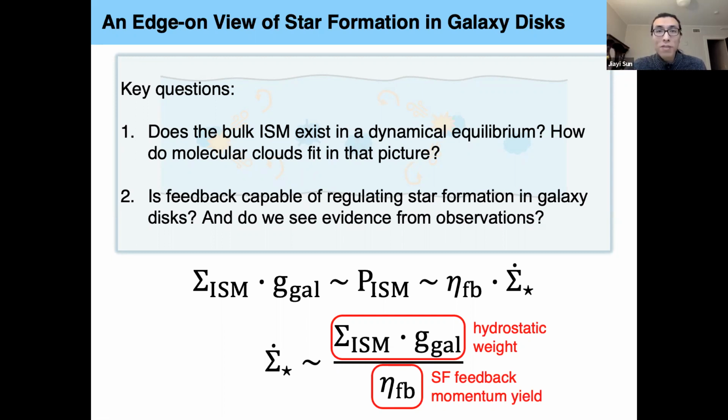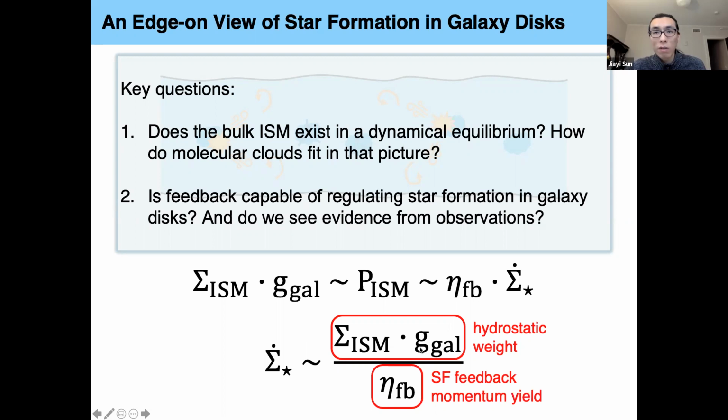Now, to answer these questions, we probably need to know a lot about a galaxy. For sigma ISM, we need to know the distribution of the gas, including all the cold phases across the galaxy disk. Because especially the cold molecular phase is clumpy, we probably need to pin down this surface density distribution down to individual molecular cloud scales.